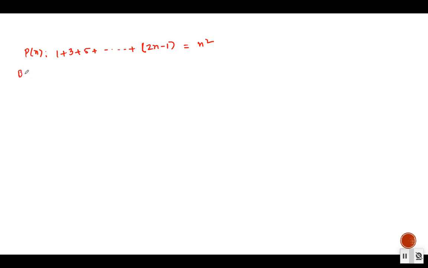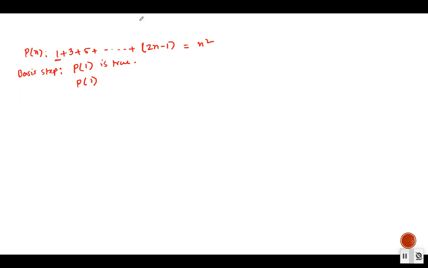So let's first find our basis step. In this basis step, the propositional function is saying the sum of n odd integers. So the basis step will be the sum of the first one odd integer. Here the least value is 1. So we are going to prove that P1 is true. What is our P1?